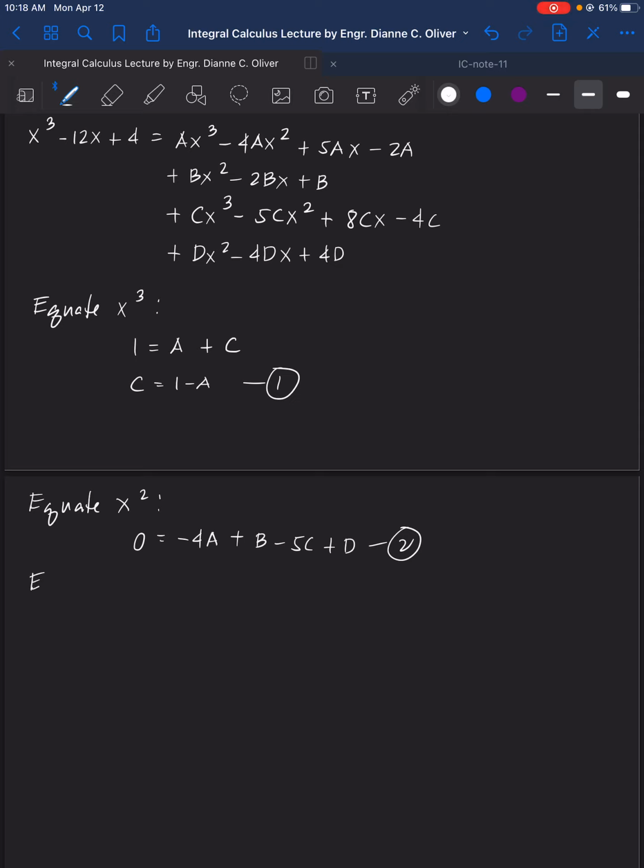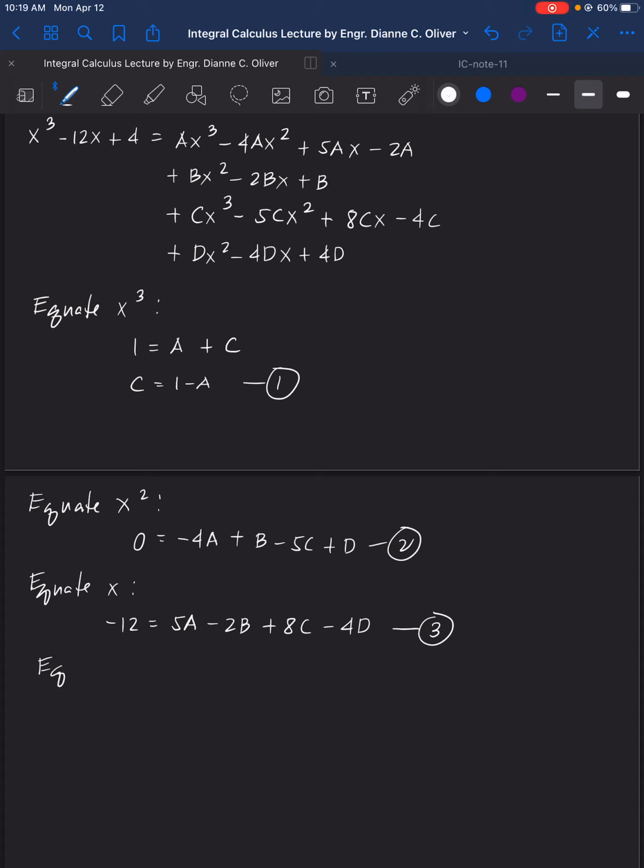Next, equate x. So we have there negative 12 equals, for a we have 5a. For b we have negative 2b. For c we have positive 8c. Then for d we have negative 4d. This is equation number 3.